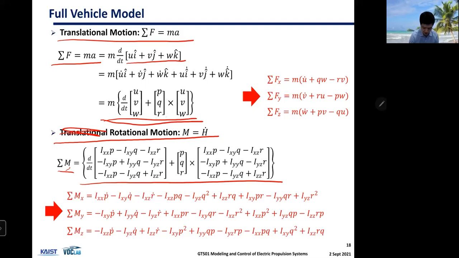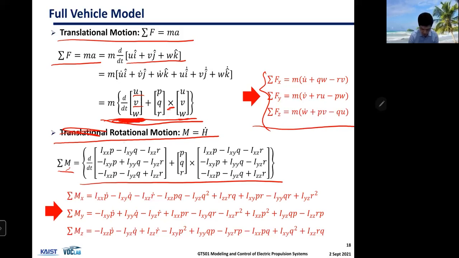Especially here is a cross product, and this term corresponds to the longitudinal speed, lateral speed, and vertical speed, and you have this cross product of PQR, which is rotational speed, and translational speed, and that's coming from this three-dimensional space dynamics. If you write this out in 3 equations, this is the final equation you get.